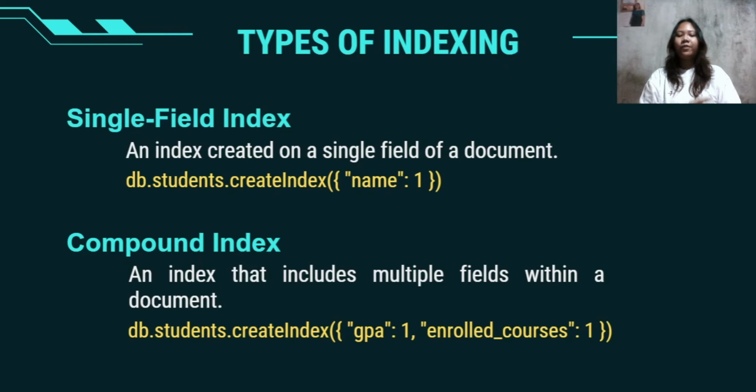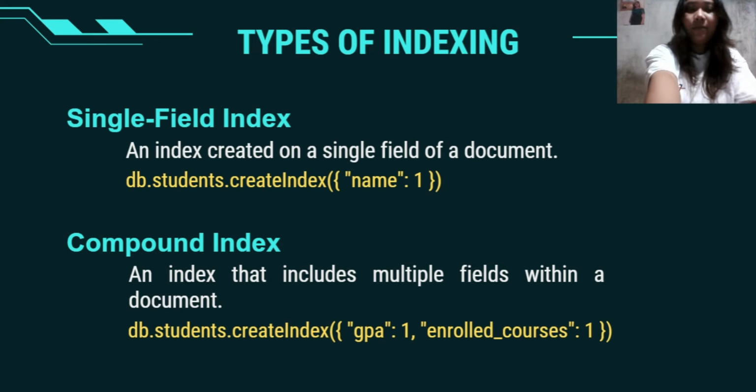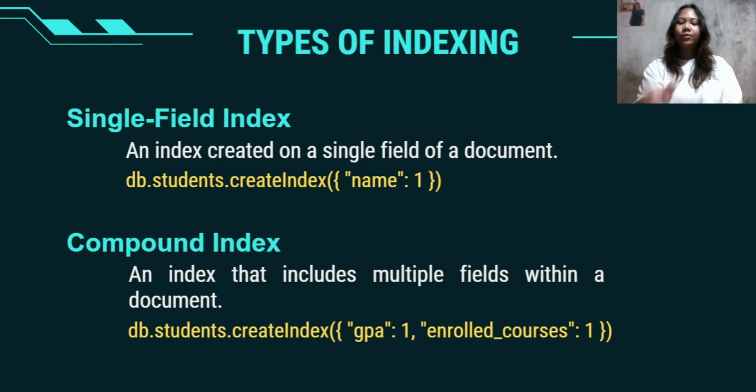And these are the types of indexing. We have the single field index. A single field index is an index created on a single field of a document. So this is the sample code that we have. For the DB, that's students.